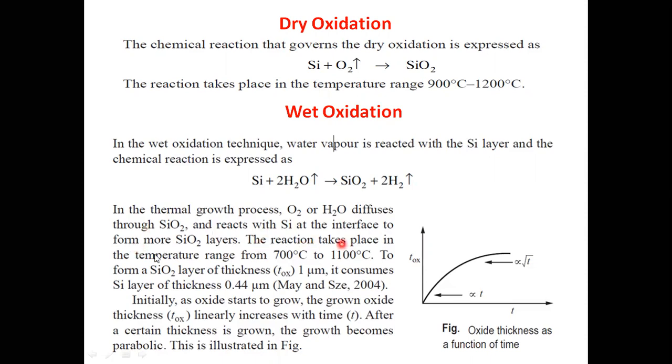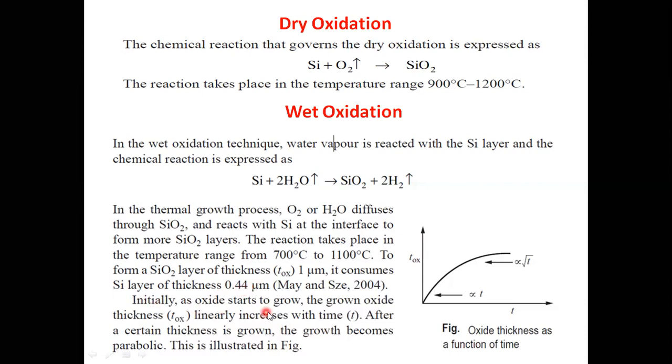This reaction takes place at a temperature between 700 degrees C and 1100 degrees C. To form a silicon dioxide layer of thickness TOX of 1 micrometer, it consumes about 0.44 micrometer of silicon layer.